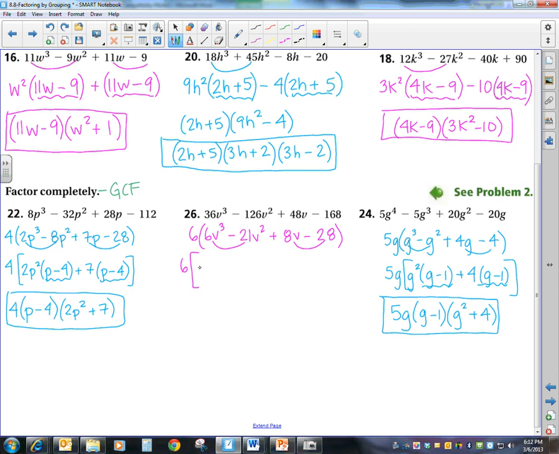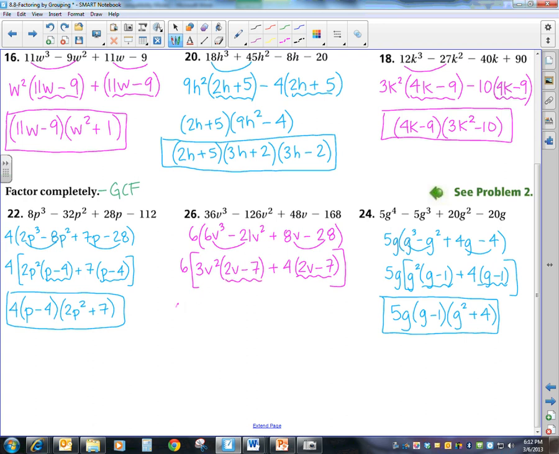So between 6 and 21, I have a 3 and v squared, leaving me with 2v and 7. Between 8v and 28, I have 4, leaving me with 2v and 7. Well, that's nice. There's my common binomial factor.